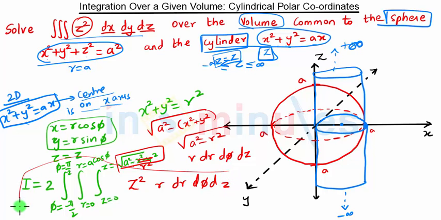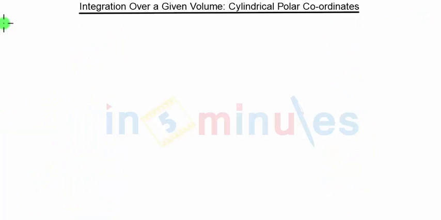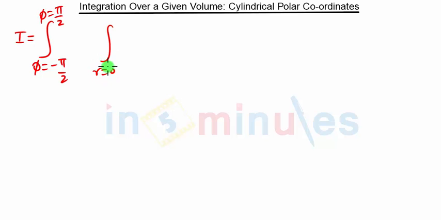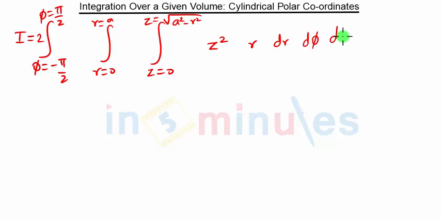Now concentrate only on this integration. We have the integration with phi going from minus pi by 2 to pi by 2, r going from 0 to a cos phi, 2 times, and z going from 0 to root of a square minus r square, z square r dr d phi dz. Now if you see here, the limit of z contains r, so first we will integrate with respect to z.